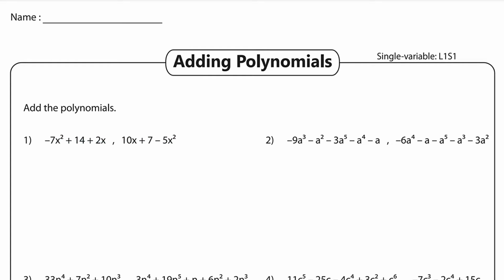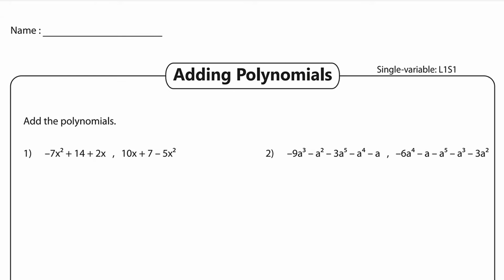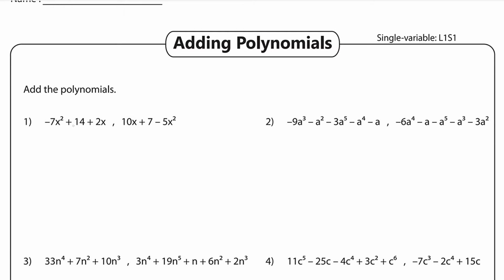First of all, we are going to begin with a polynomial with the highest degree. All right, so the first polynomial is negative 7x squared. You have to arrange them in order. Then the second term will be 2x, so we have plus 2x, and the last one is the constant, which is 14.